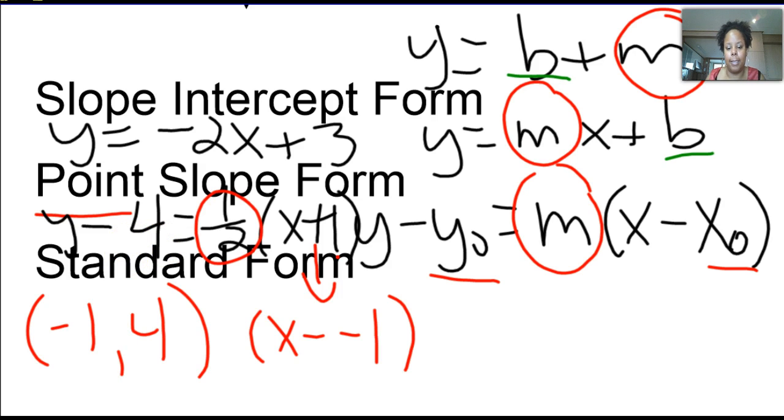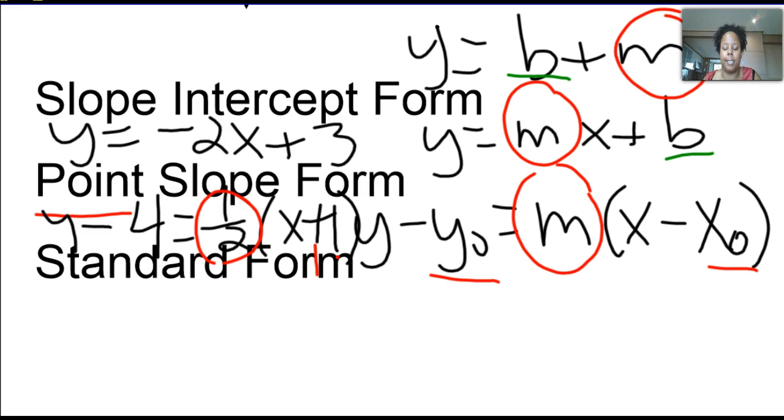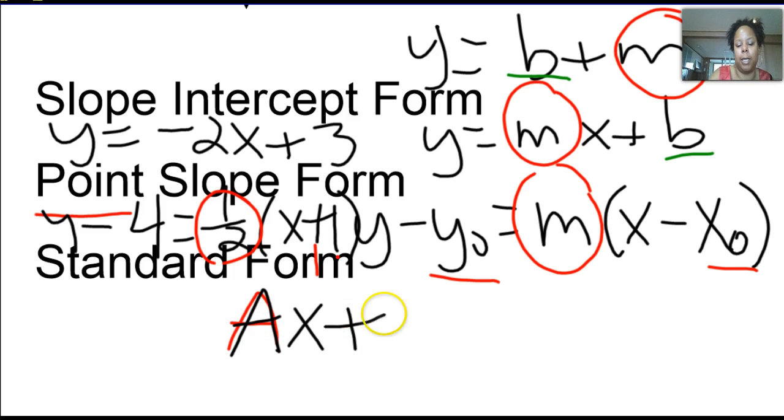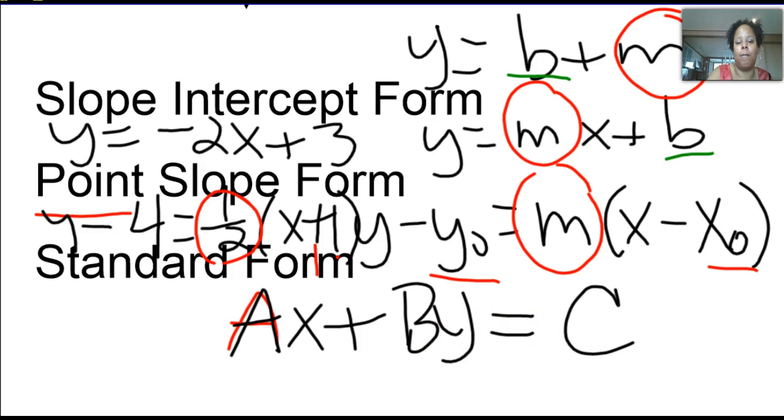Okay. Now let's take a look at another popular form. And this form is the standard form. The standard form is really helpful when you're writing the equation of a line from a word problem. It is ax plus by equals c, where the constants are a, b, and c.